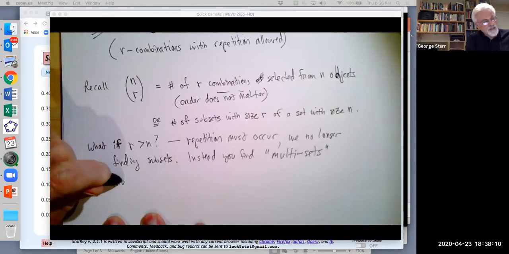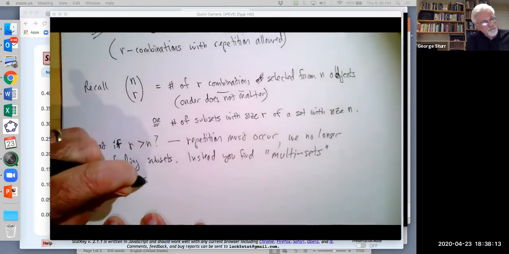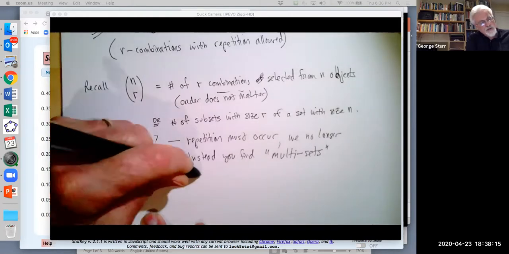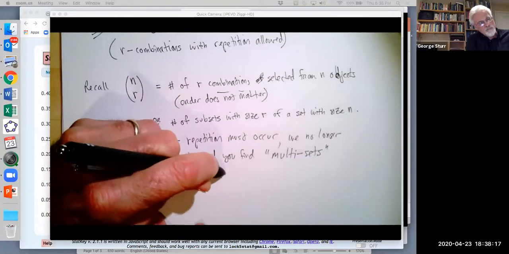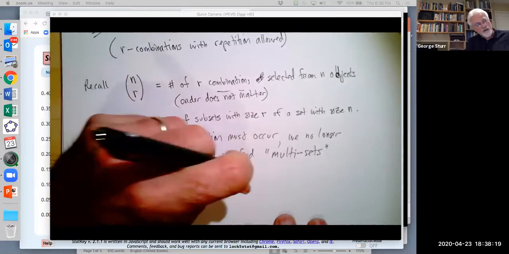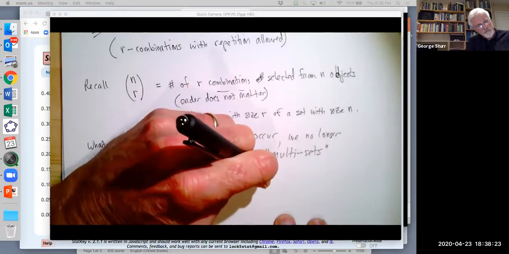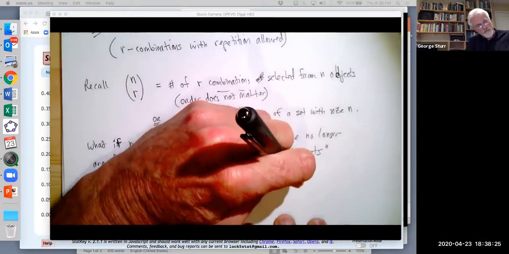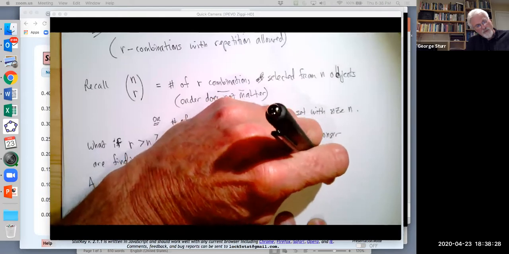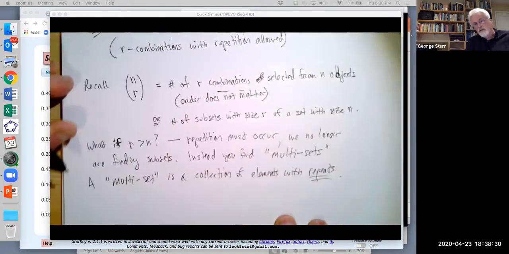A multiset is a collection of elements with repeats.